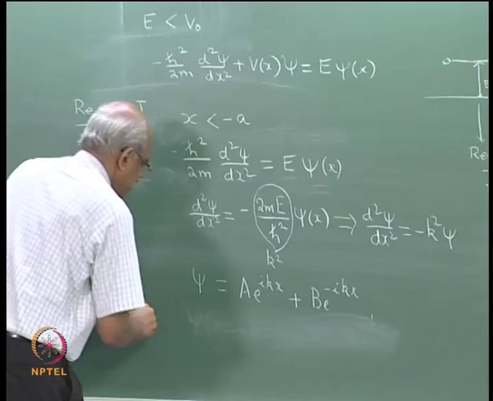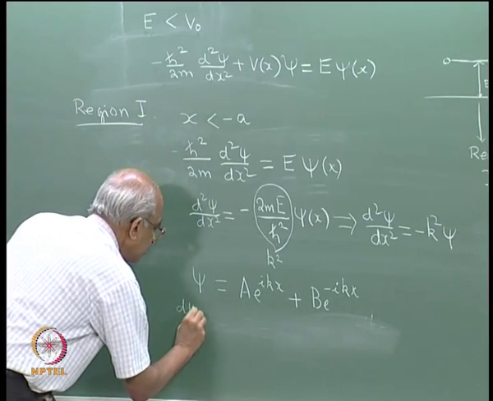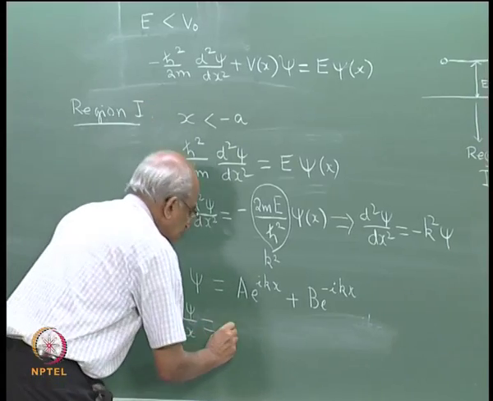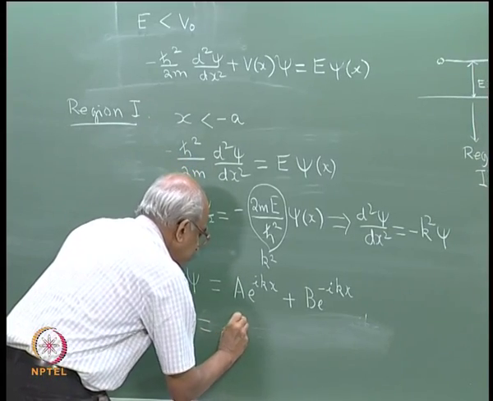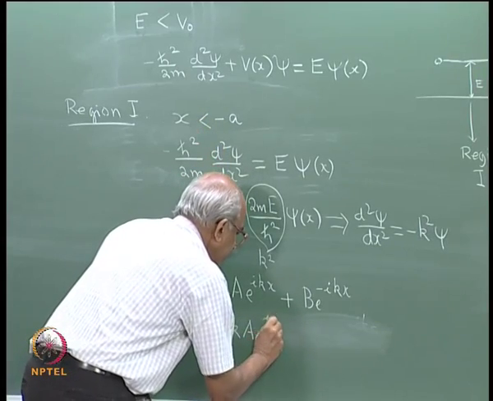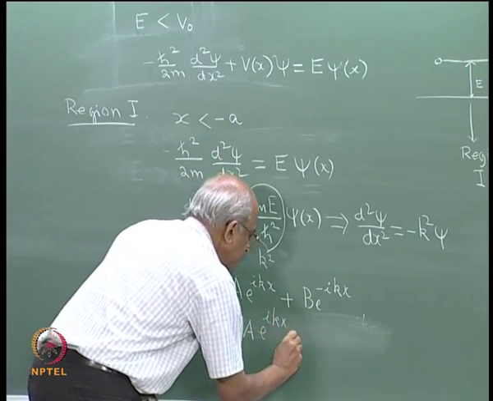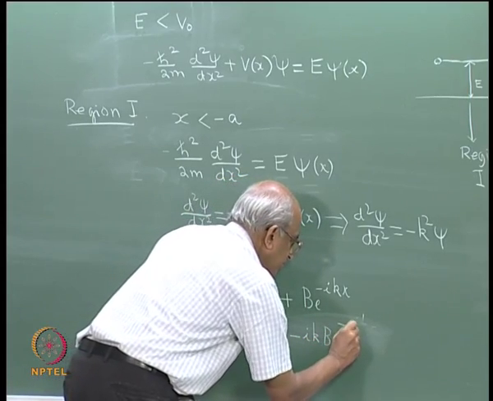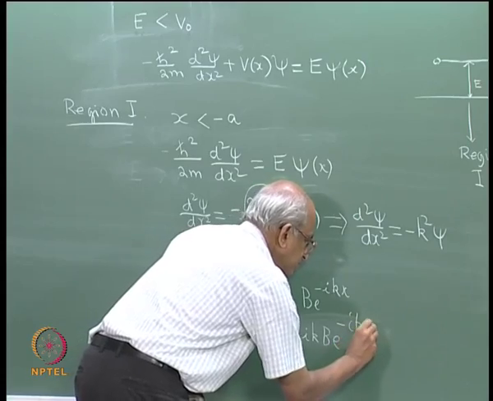The derivative will be equal to ik a e to the power of ikx minus ik b e to the power of minus ikx.